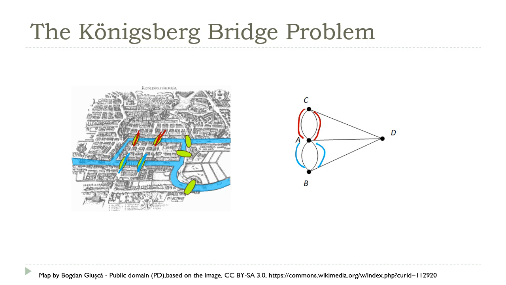So the island here would be vertex A. This kind of interior section would be vertex D. And then down here you've got the outer riverbanks. Those are B and C. So that was the first step Euler took in solving this problem. He reduced it down. He developed a model, if you will, that had only the components that he cared about, right? What things were connected to what other things and how.